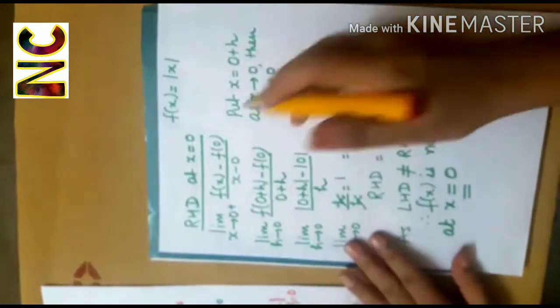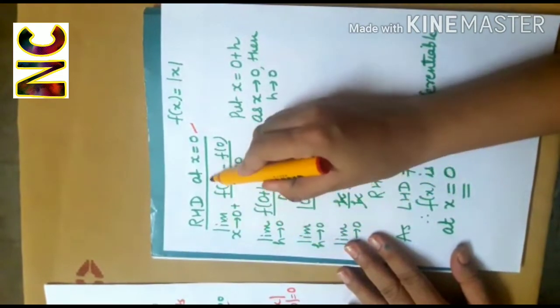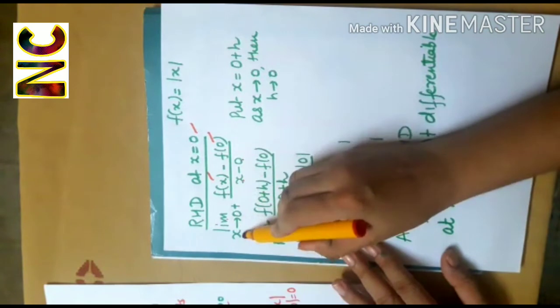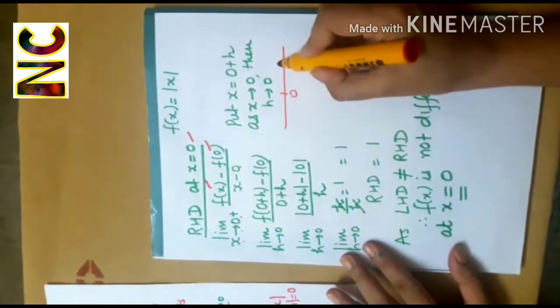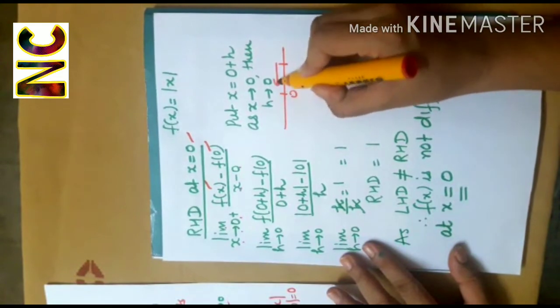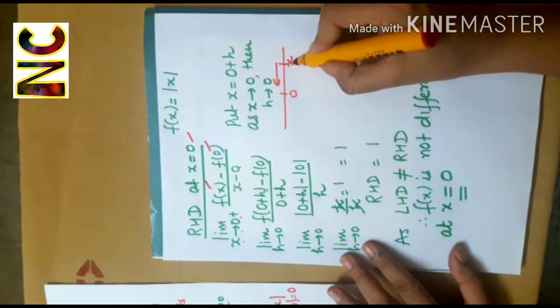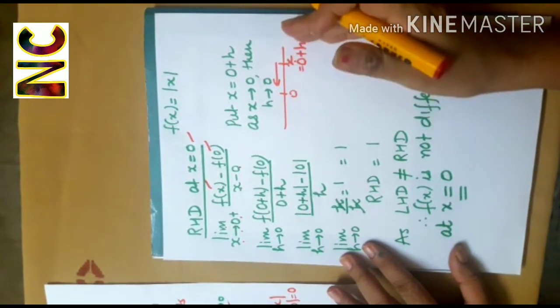Now we compute the right hand derivative at x equal to 0, which is the limit of (f(x) minus f(0)) over (x minus 0) as x approaches 0 plus. We are approaching 0 from the right hand side, that is through values greater than 0. So x will be equal to 0 plus h, greater than 0.